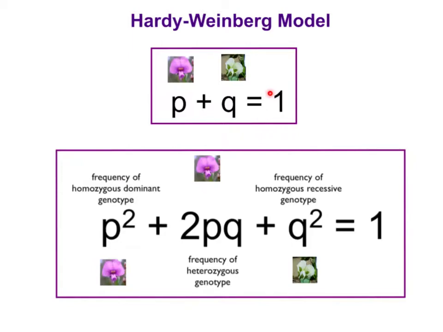This P represents the allele for purple flowers. It's the dominant allele. Whatever our dominant allele is, it's represented by P. Then we have a Q. Q is the allele for white flowers in this case. It's the recessive allele.